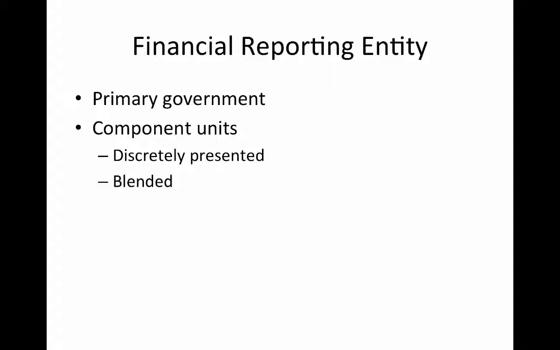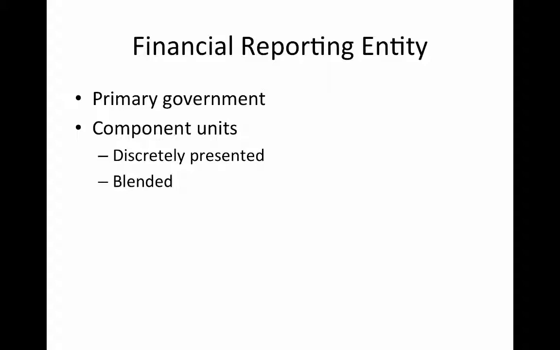That's the thing that most people think of when you say the city of New York or the state of New Jersey is the primary government. But these governmental entities also tend to have, and in both of those cases have quite a few, component units, legally separate entities that the primary government is financially accountable for.